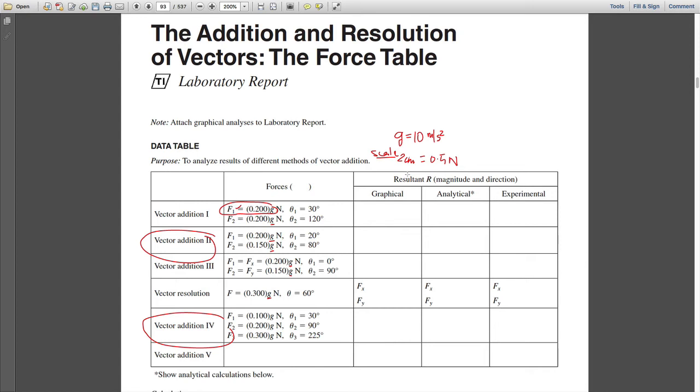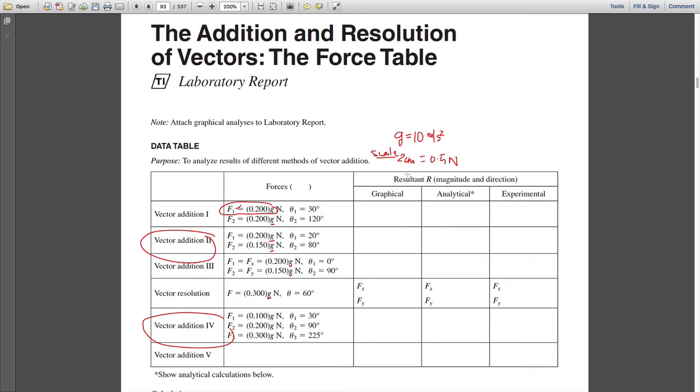So for the second vector addition, f1 is 0.2 g. I'm going to switch to the whiteboard in a moment once I get my data.